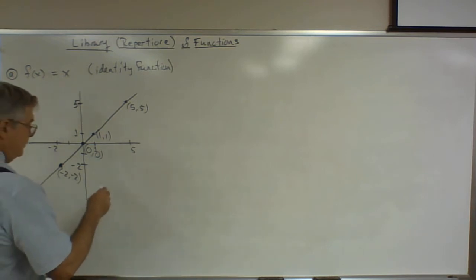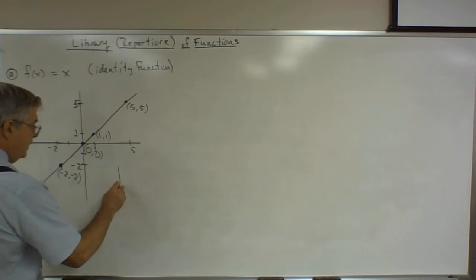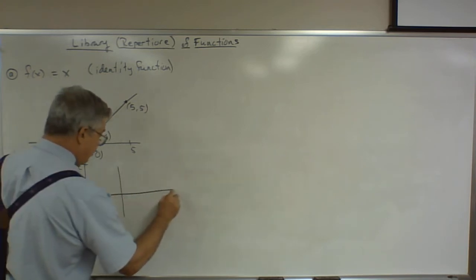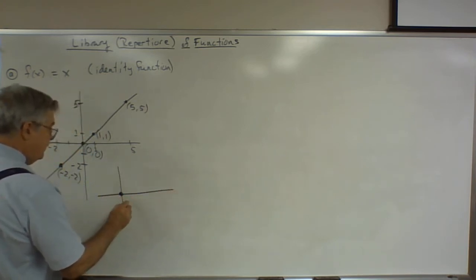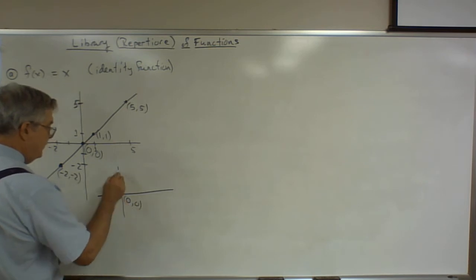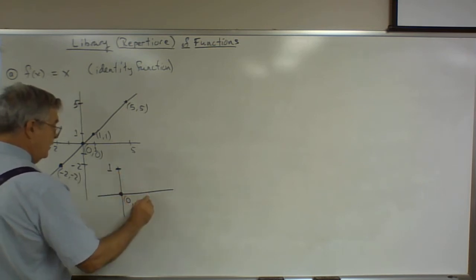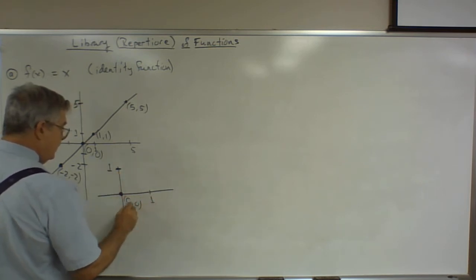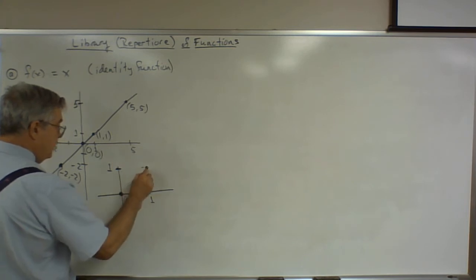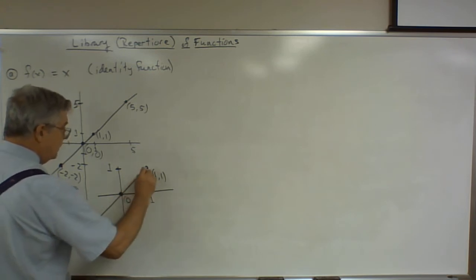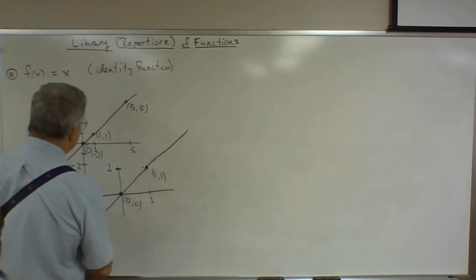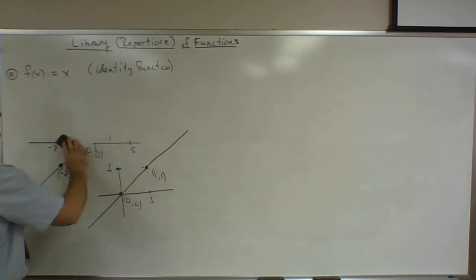Know this function. And just as an easy way to remember it, we'll know 2 points on the function, okay? We'll know the point 0, 0, and the point x equals 1, y equals 1. This is our identity function.